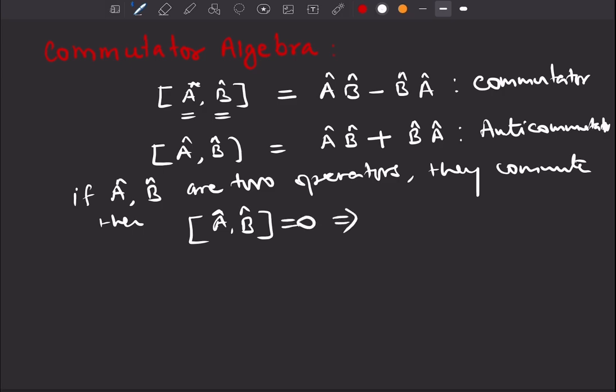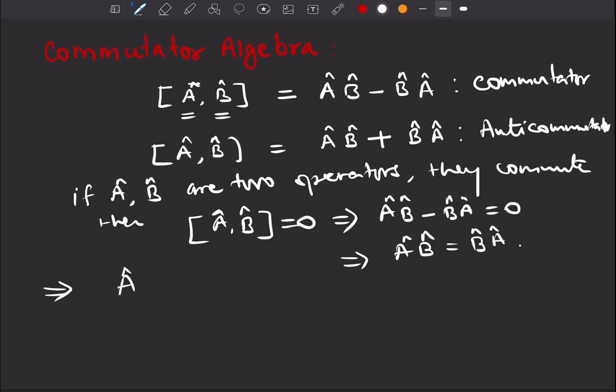That means AB minus BA is equal to 0, that means operator A into B is equal to operator B into A. Any operator commutes with itself. That is, if A is any operator, then the commutator [A, A] is always equal to 0.